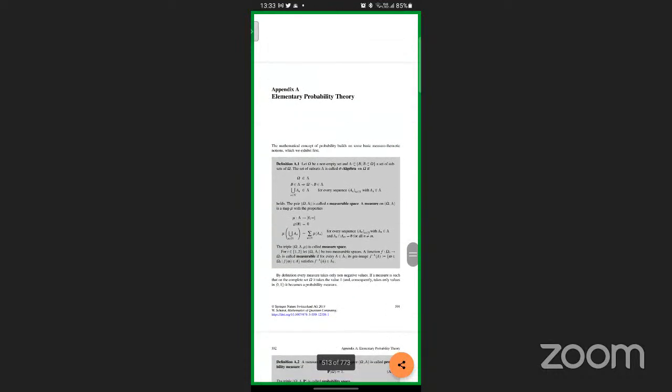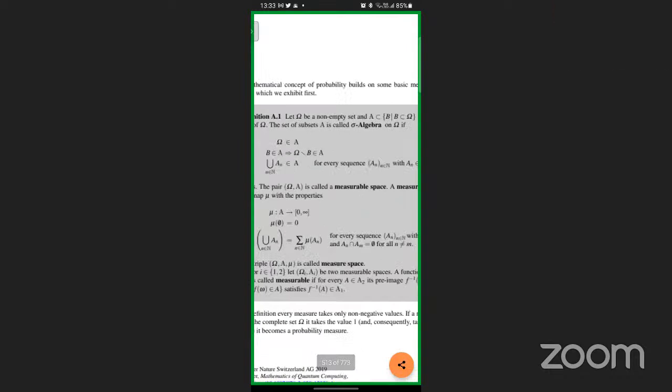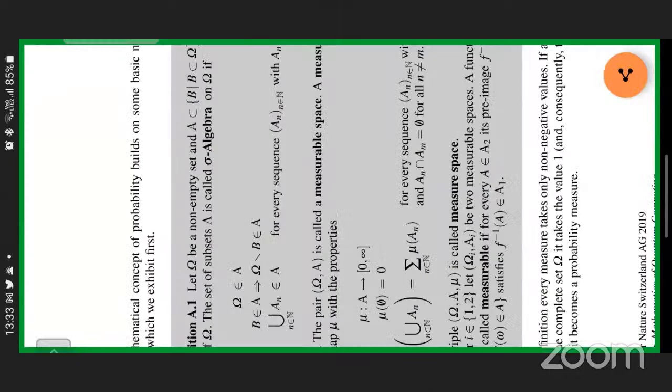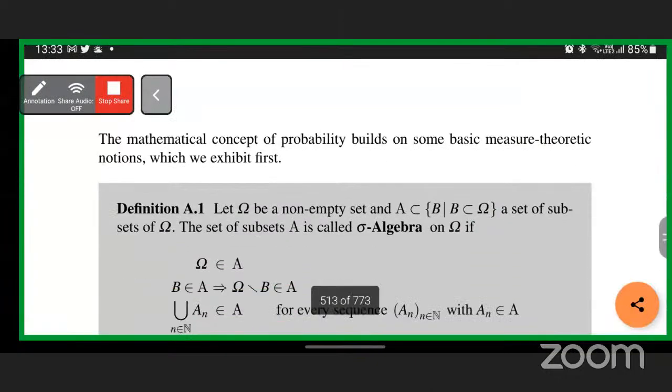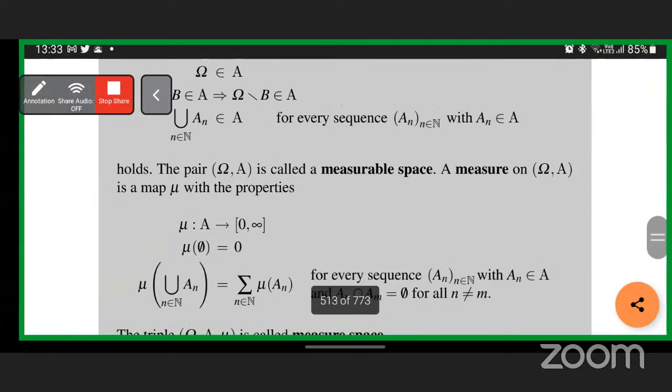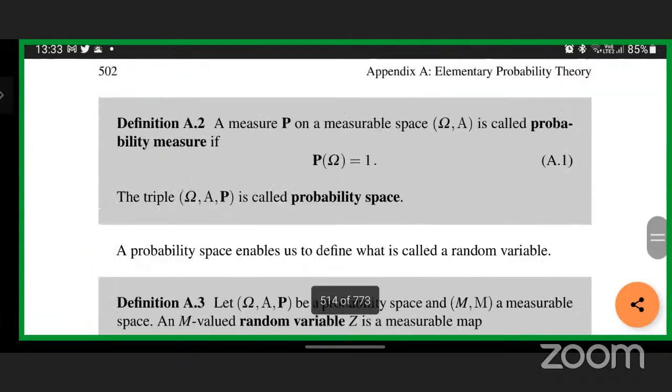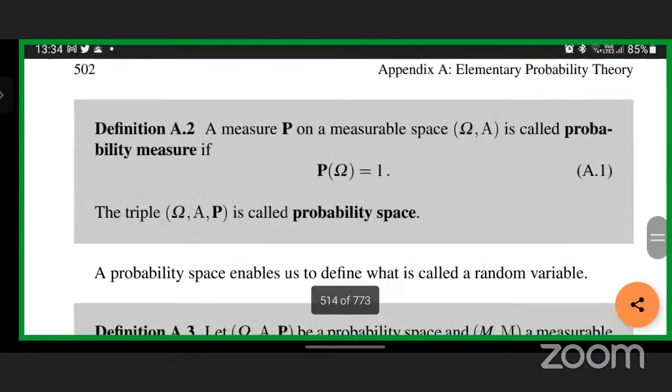See, everybody knows what probability is, correct? Yes, sir. But now see the definition of probability this fellow is giving. If you see the probability definition, a measurable P on a measurable space is called probability measure.